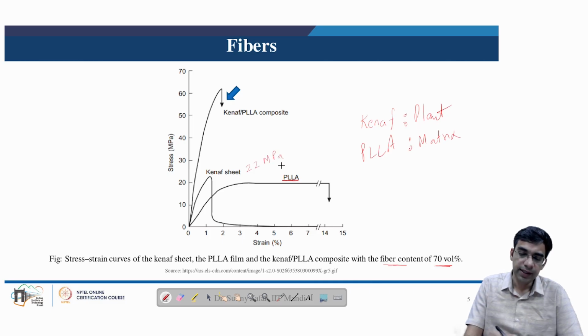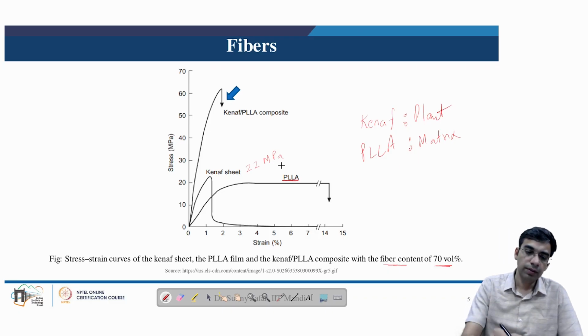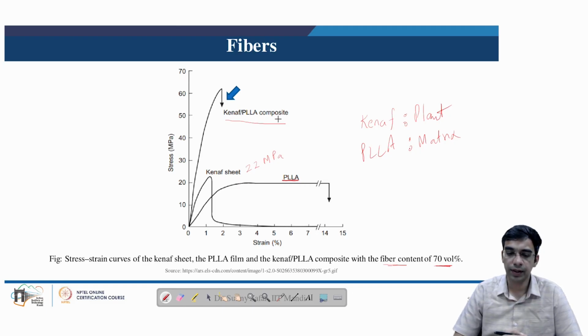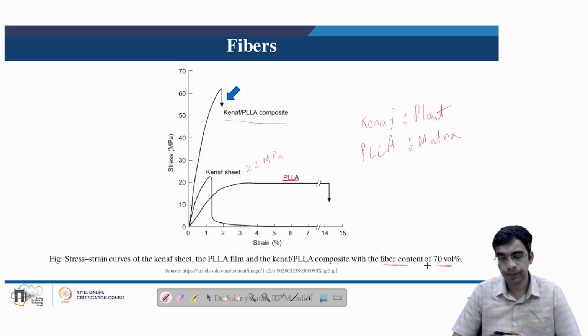So we can say that when we separately use the fiber and the matrix, there is not much improvement in the mechanical properties. But when we combine this here, as we can see, the combination of kenaf in the polylactic acid based composite with 70% fiber volume fraction, in this case, we can see the tensile strength of the composite directly jumps to around 61 megapascals.